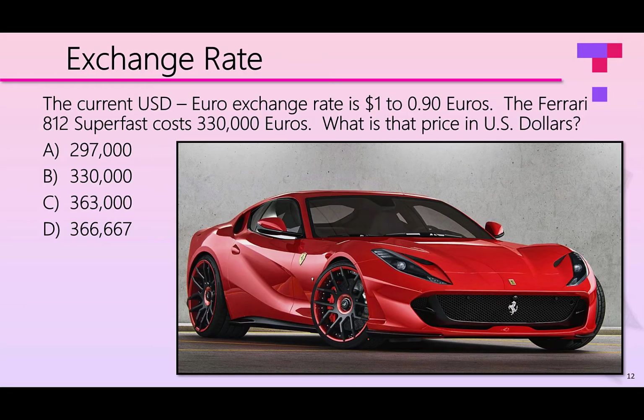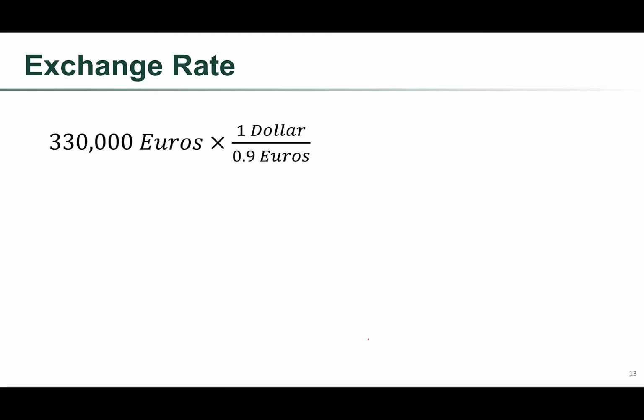Let's try an example. The current US dollar to euro exchange rate is $1 to 0.9 euros. A Ferrari 812 Superfast costs 330,000 euros. What is that price in US dollars? The answer here is D. How do we get there? We start off at 330,000 euros.